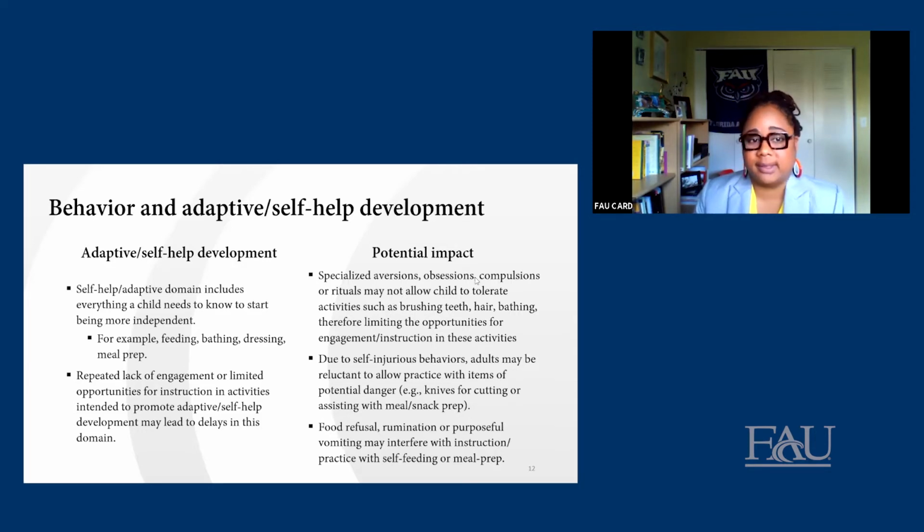So in this domain, self-help development, we want to think about if the child has specialized aversions, obsessions, or compulsions, or rituals that do not allow them to tolerate some of these self-help activities. We know that self-help can oftentimes incorporate behaviors or activities that are very personal and involve a lot of touching, involving manipulating the body in some way, or involving the child being close to someone who's helping them with those things.